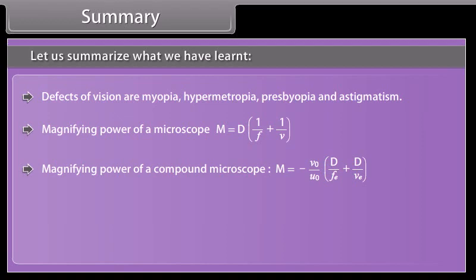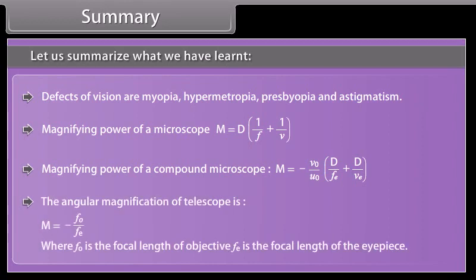Magnifying power of a compound microscope, m = -(v0/u0)(D/fe + D/ve). The angular magnification of telescope is m = -fo/fe, where fo is the focal length of objective and fe is the focal length of the eyepiece.